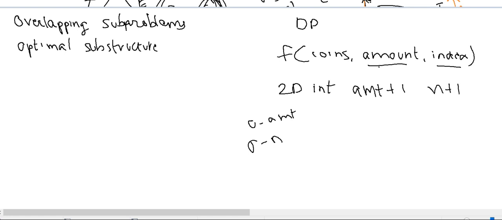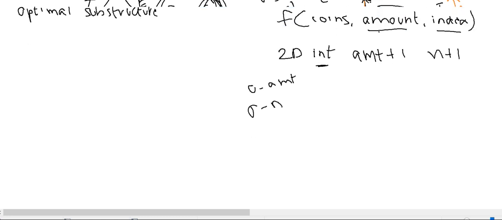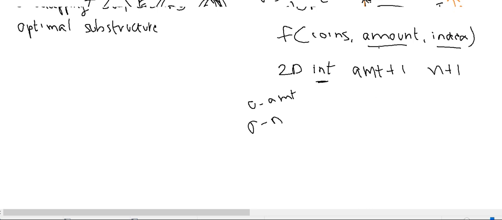What will be the return type? Whatever the function return type is. The function return type is integer. So our DP table will be integer. Okay. So now we had this 1, 2, 5 and amount was 5. Let's create a DP table.